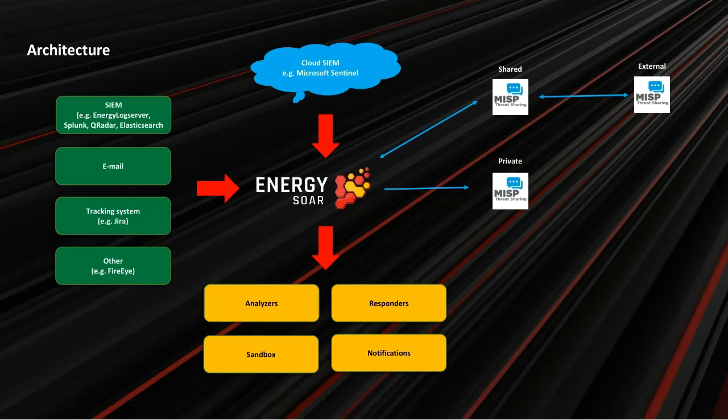Also, we can handle actions provided to SOAR via email or a ticketing system. We also have integrations with other security vendors. If, for example, FireEye alerts our SOAR, then we can run automatic workflows.